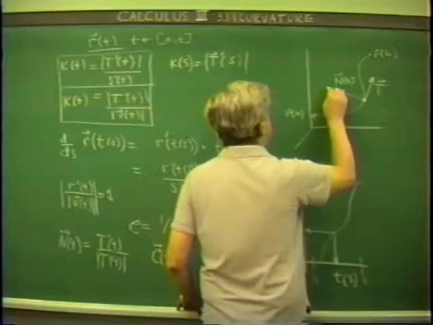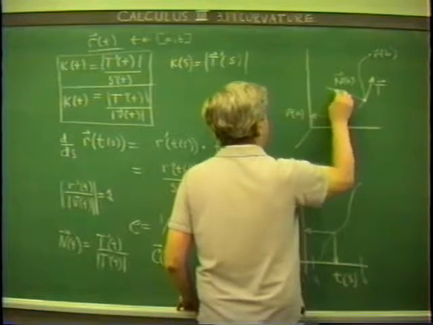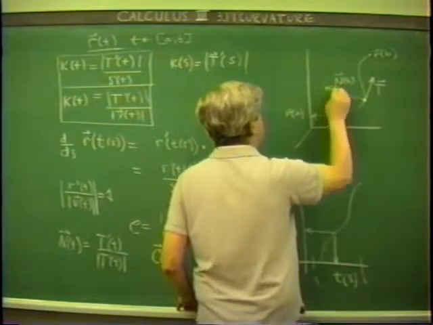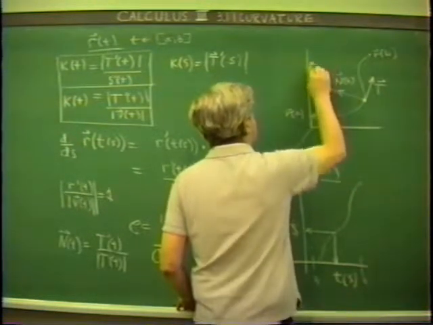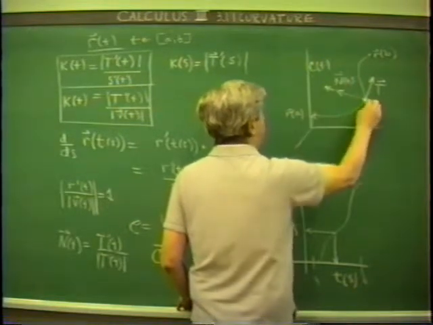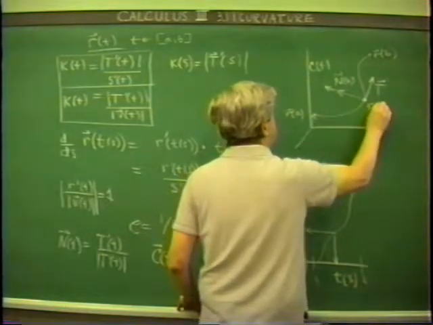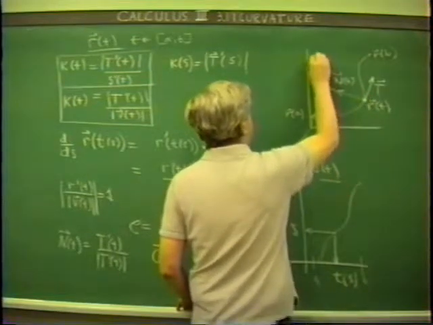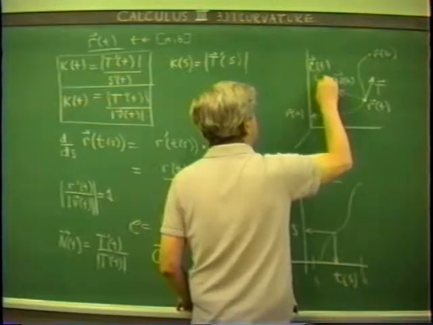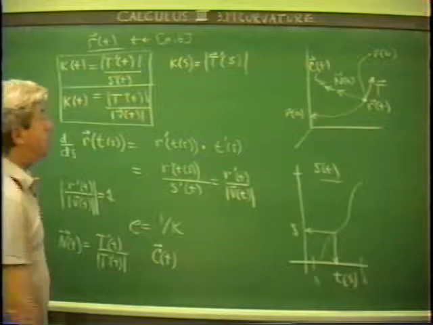Right? And the center, let's designate the center of the best circle approximating this as c of t. It's going to be in the direction of N of t away from this point r of t.